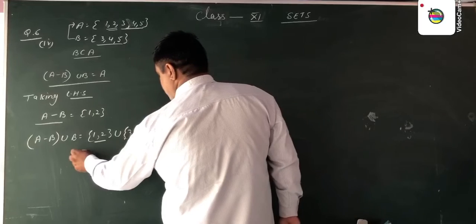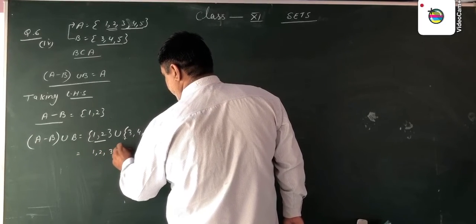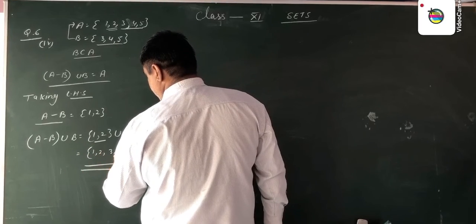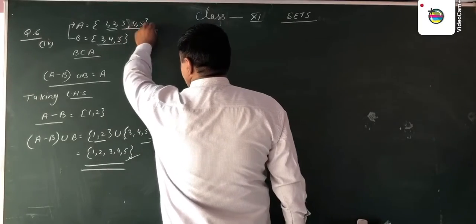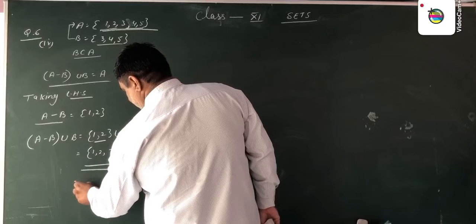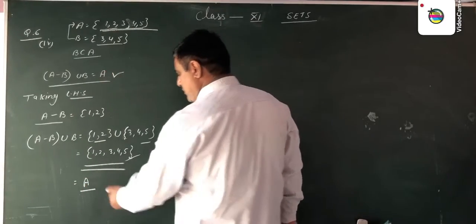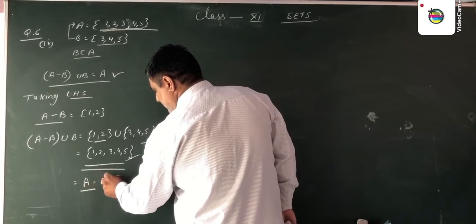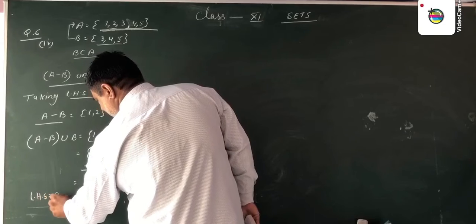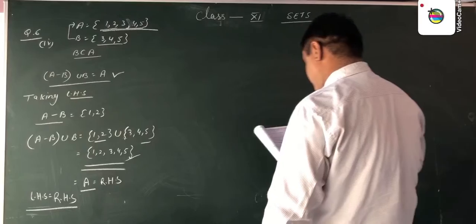Now this is the set {1, 2, 3, 4, 5}, which is the set A. So we write this set as A. In this way we have proved that the result is equal to A. Then this is your right hand side. So hence LHS is equal to RHS. This is your question number 6.